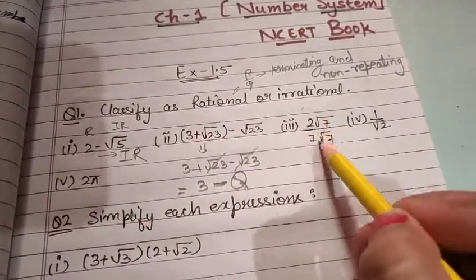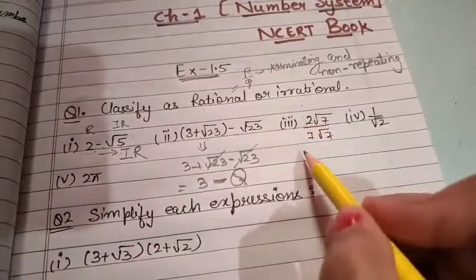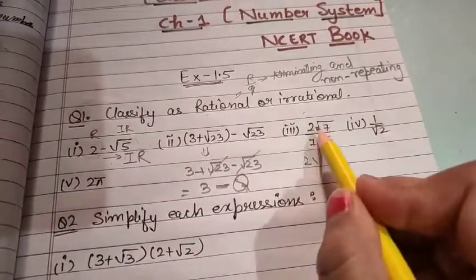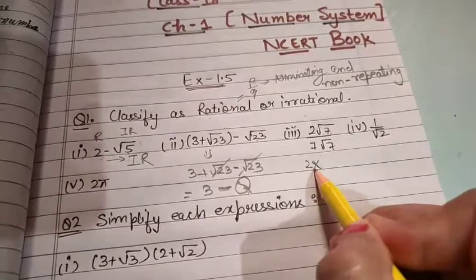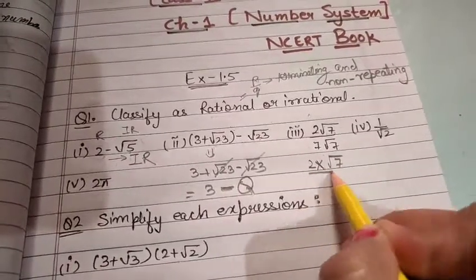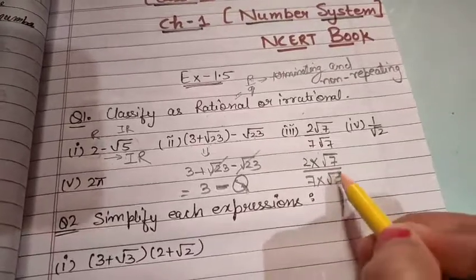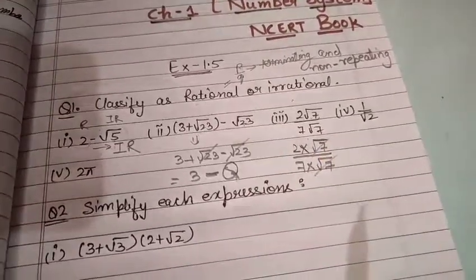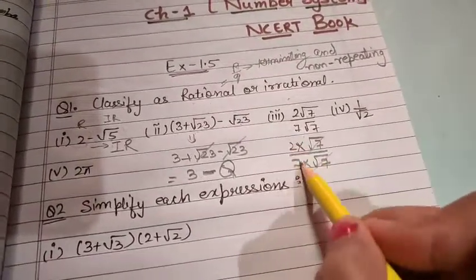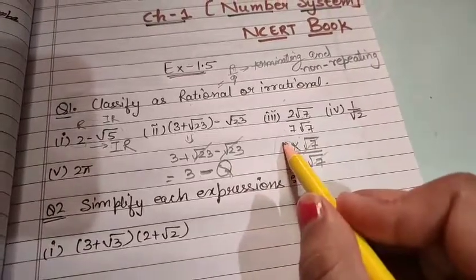Next one, it is also a rational number. How? Look here, 2 root 7 can be written as 2 multiply root 7 divided by 7 multiply root 7, where root 7 will be cut out and we will be left with 2 by 7.